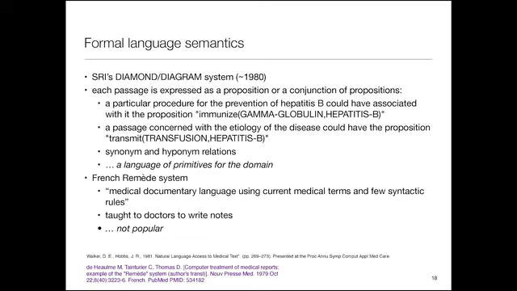So de Holm convinced the chief of cardiology at that hospital that he would develop an artificial language for taking notes about cardiac patients. He would teach this to all of the fellows and junior doctors in the cardiology department at the hospital, and they would be required by the chief, who's very powerful in France, to use this artificial language to write notes instead of using French to write notes.